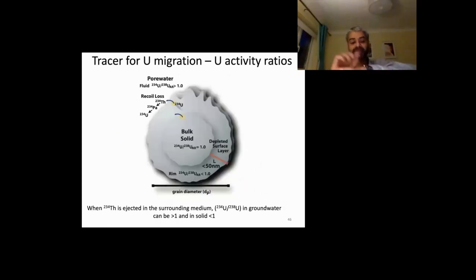So this is pretty much the last tracer, and this is a radiogenic isotope system. We are looking at the uranium-234 over uranium-238 activity ratio. In any reasonably old sample, this ratio should be in secular equilibrium, which is 1.